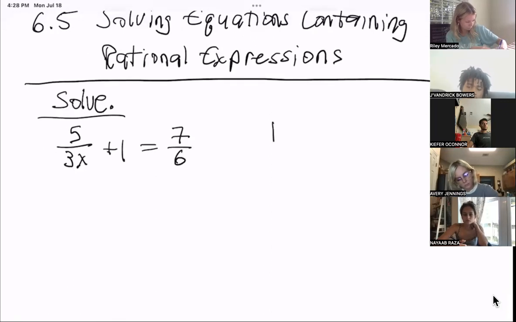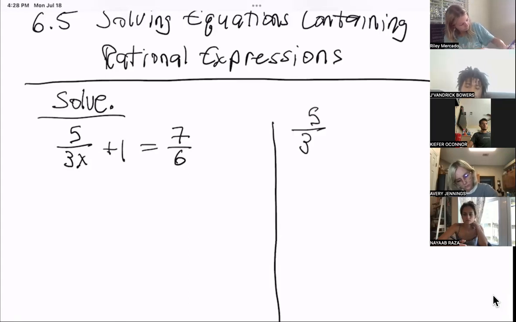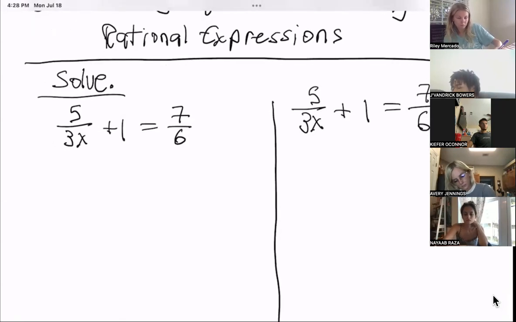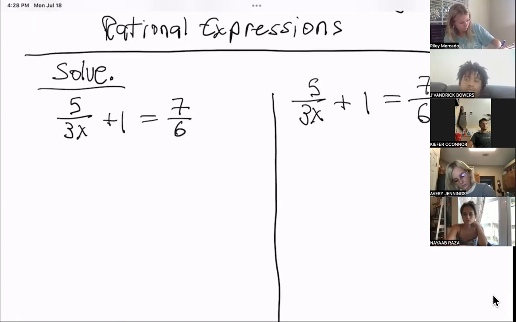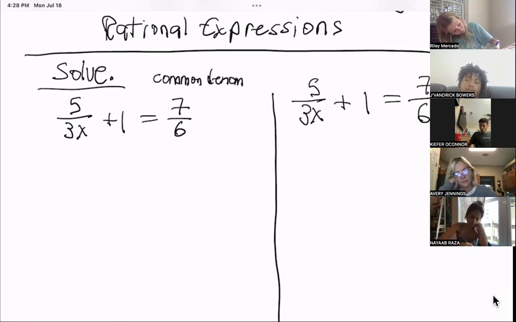There's two ways to think about it. I'm going to do each way. So I'm going to put this one over here just for the second way to talk about it. We have fractions. We need common denominators, right? So the first way is by finding common denominators. What would be my common denominator?